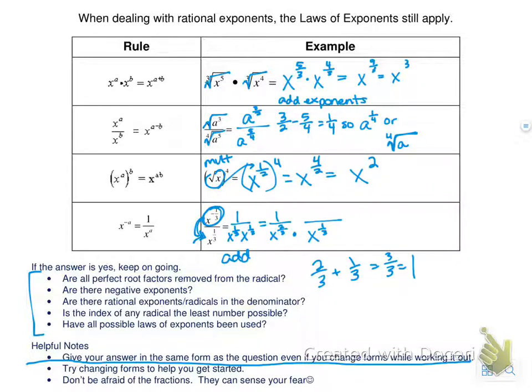So this fraction right here is always going to be whatever would make it 1. Okay? So I want to be trying to make 1. So when I do that, I'm going to multiply the top and the bottom by x to the 1/3. So my final answer is x to the 1/3 over x. And that seems really weird, and that seems odd, but that's just the way it goes.